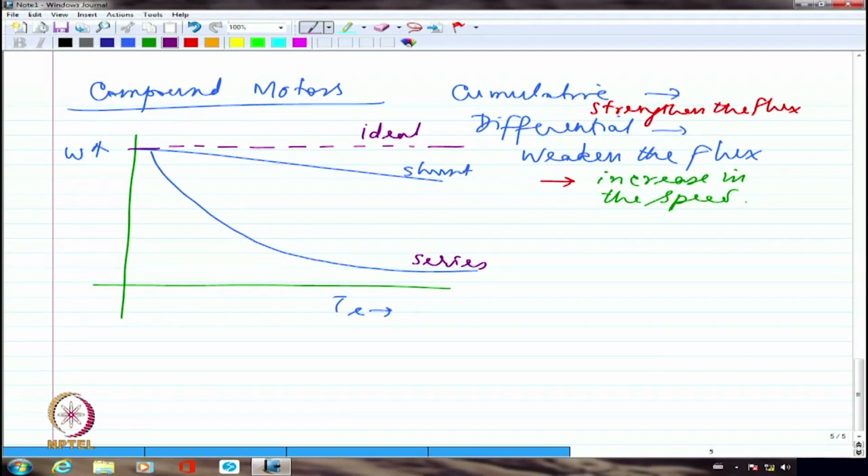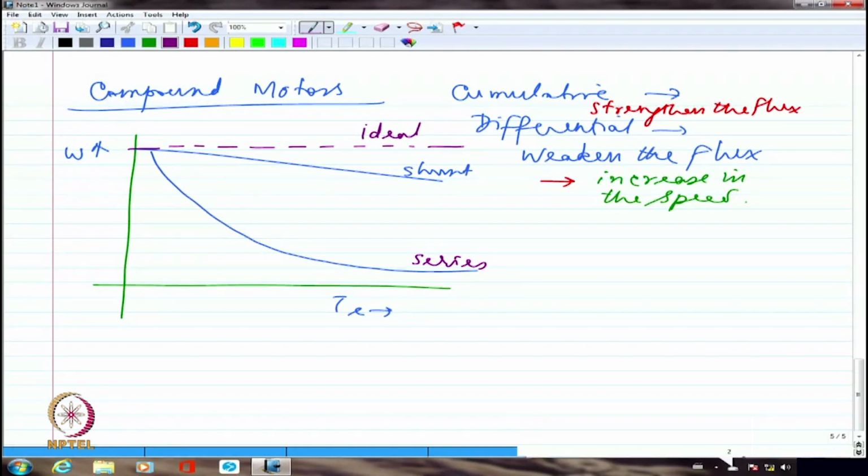As the torque increases, the current will increase. Once the armature current increases, the series field current also increases correspondingly. Whether it is long shunt or short shunt is immaterial.